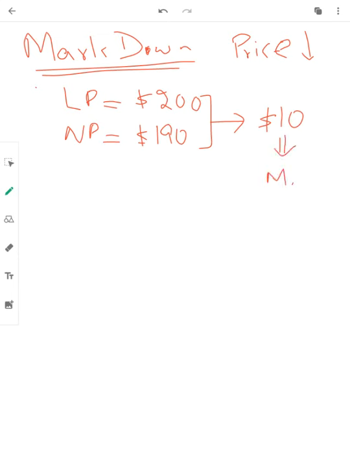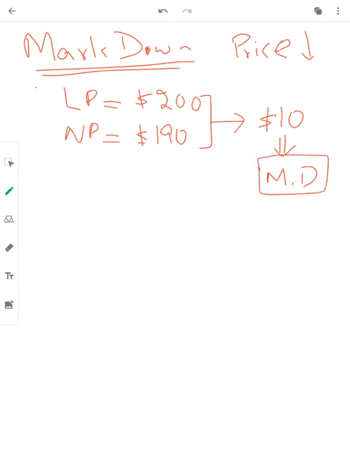Why would I do this? I would do it due to competition. I would do it because it's the off season of the product. Or I would do it because my new shipment is about to arrive and my warehouse is full of inventory, and I want the old inventory to go out so that there is empty space for the new shipment. Any reasons could be there.